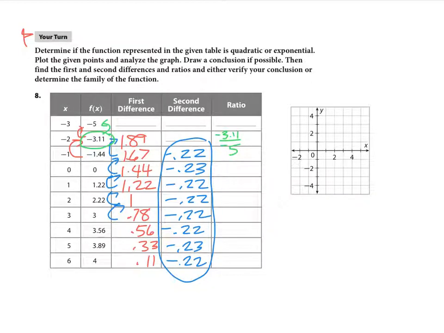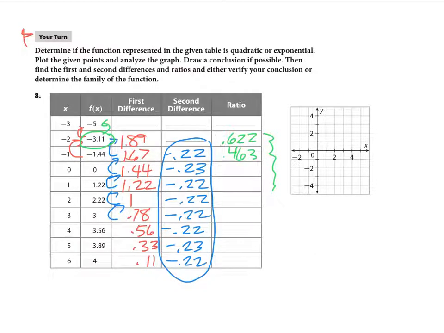So I'm typing that in on the calculator, and that gives me 0.622. Then I'm going to do it again. This time I'm going to do negative 1.44 divided by negative 3.11. And I get 0.463. So that's already a great indication this is not an exponential, because if it were, these ratios would be the same.